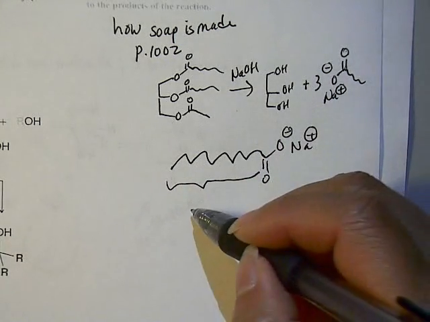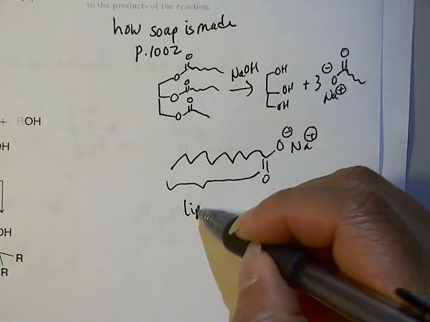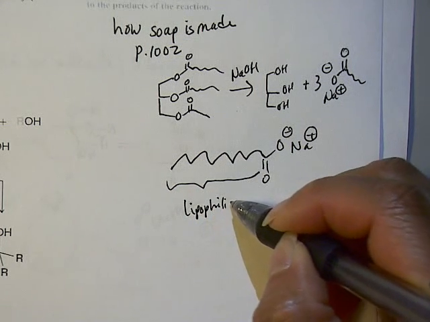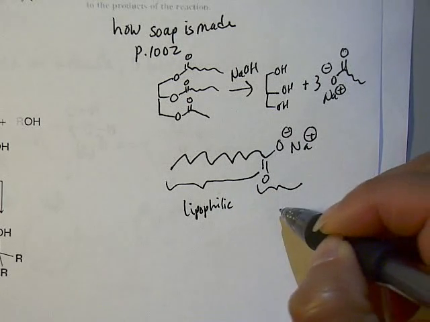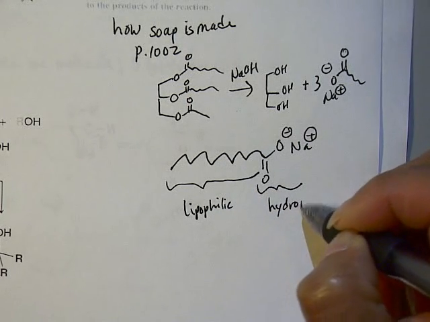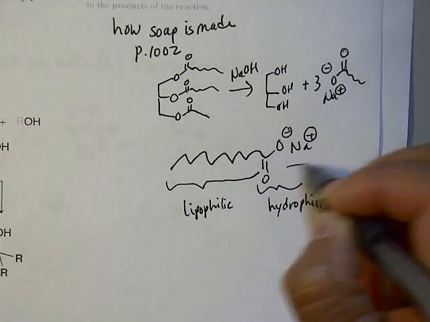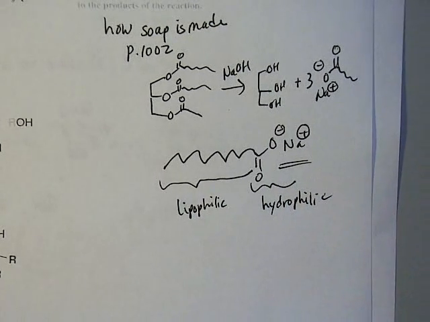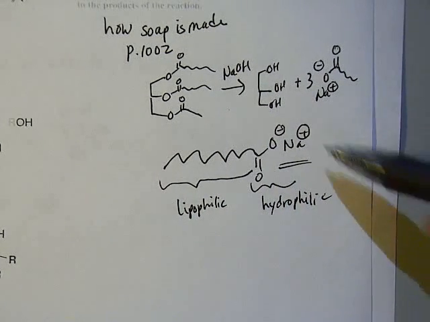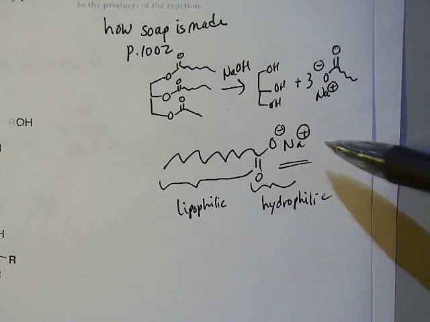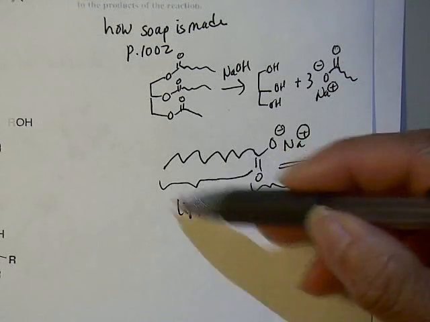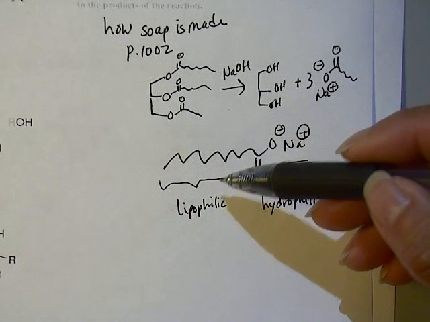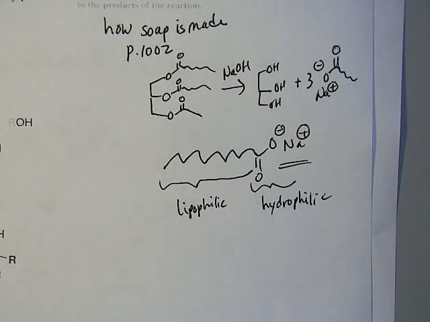You have a lipophilic or hydrophobic section, and then you have a section that's hydrophilic or likes water because it's charged, right? So like dissolves like. So this part will be attracted to water, whereas this part will be attracted to fatty, greasy stuff.